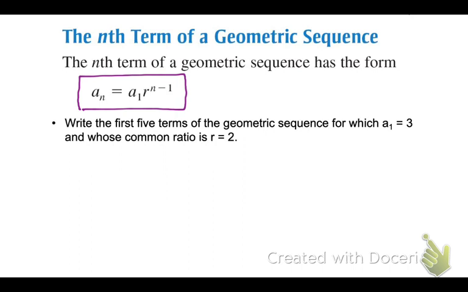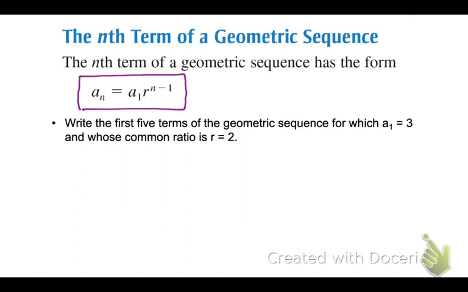A sub n is the actual number, the answer you get. A sub 1 is the first term. R is the common ratio. N is the number of the term I want. And the minus 1 comes from going back one.